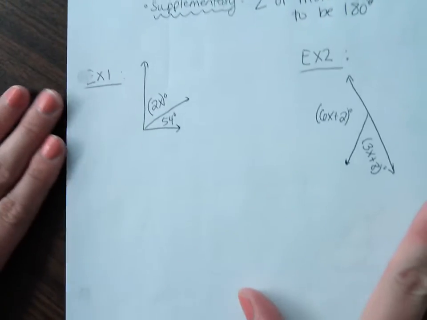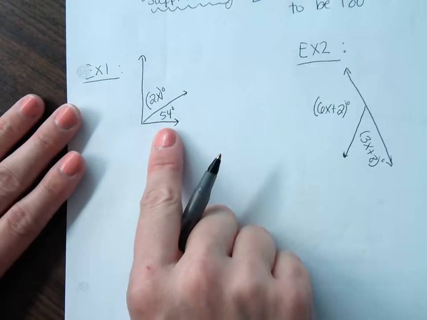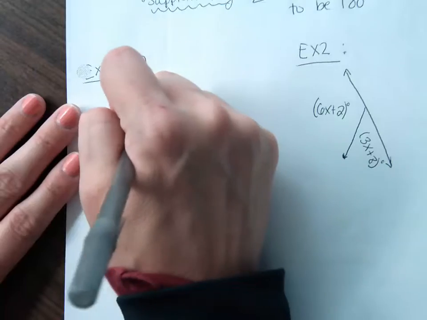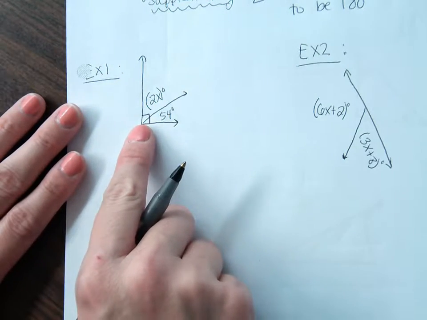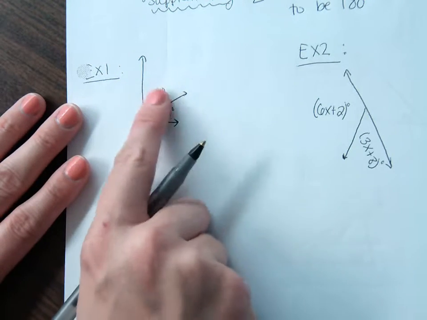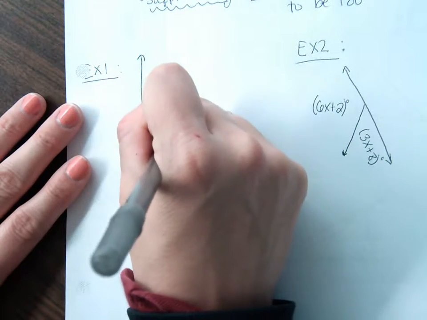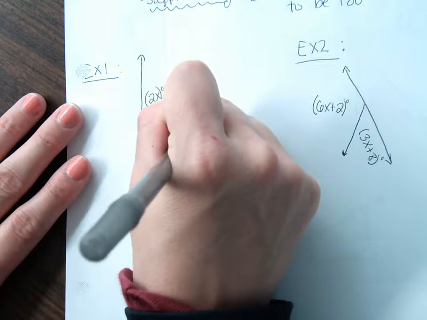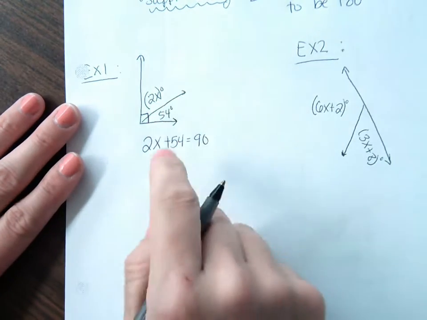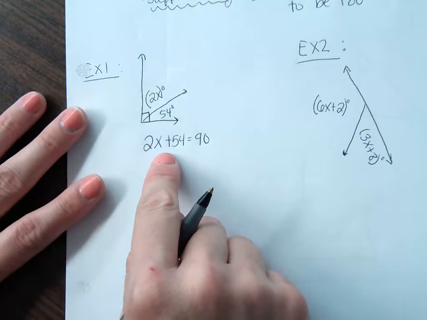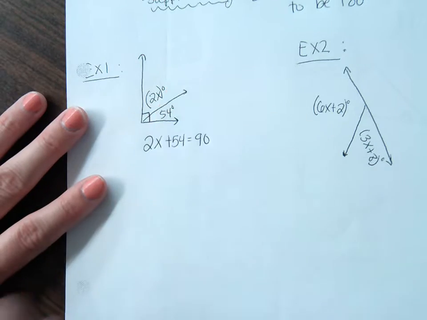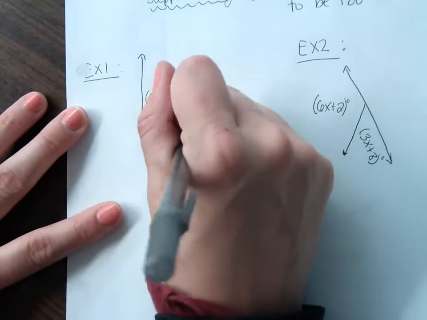So we're going to set up each equation just like we did yesterday. Again, this is a complementary angle, so both of these angles add to be 90 degrees. So I have 2x and I have an angle of 54 degrees equaling 90 degrees. I want to identify what x is, and I want to identify what the missing angle is.